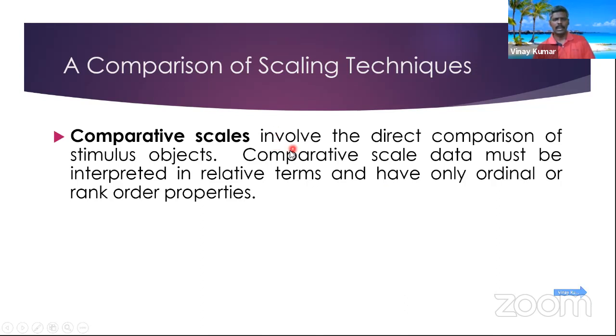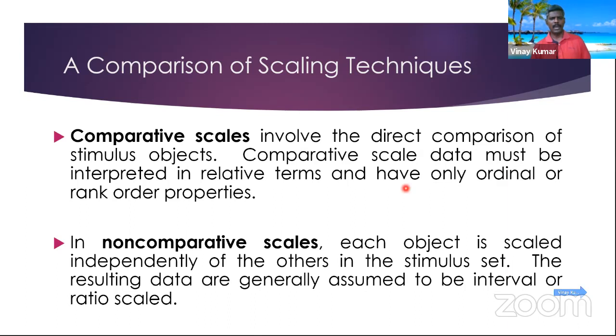Here, one of the important features of this scale is the direct comparison of the stimulus objects. Whatever subjects the researcher has taken for his research, there is a direct comparison of those subjects and he tries to interpret them. Then you have the non-comparative scale, where each object is scaled independently of others in the stimulus set.